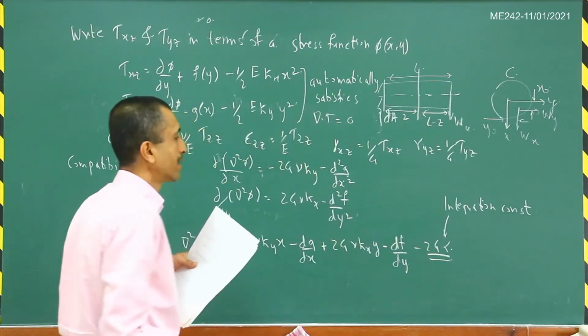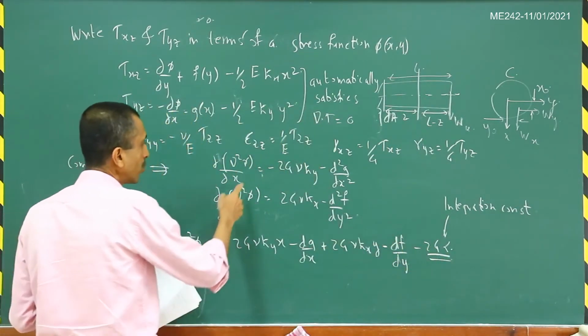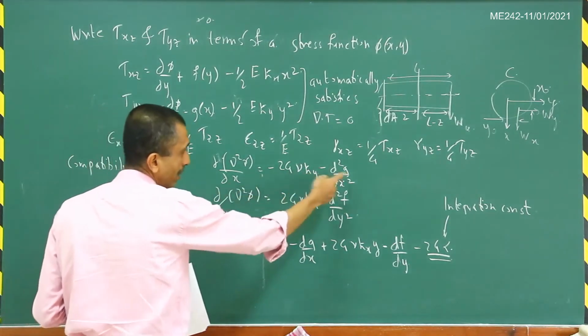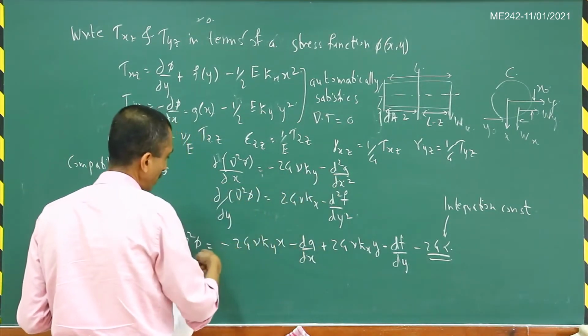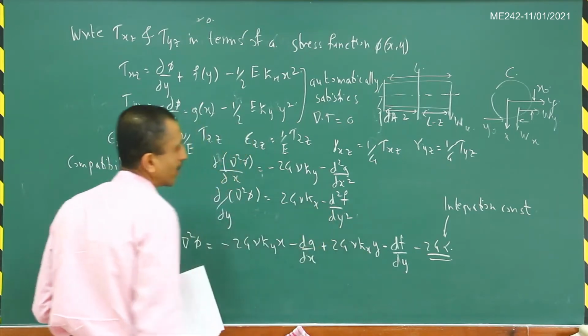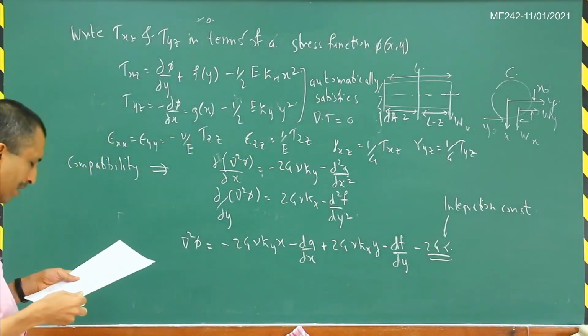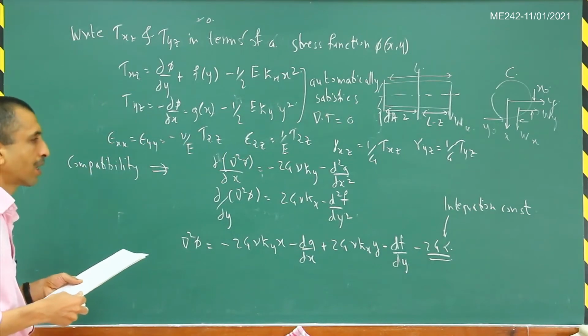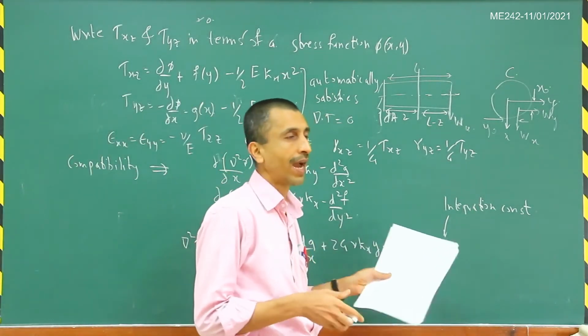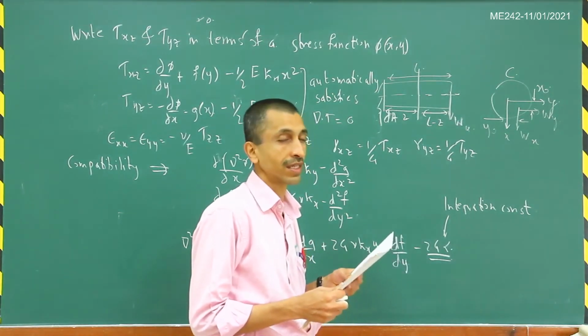You can easily verify that if you differentiate this expression with respect to x, you will get the right hand side, and if you differentiate with respect to y, you will get the right hand side of the other equation. Fine. So how do we determine this alpha? That is something that we will discuss at a later stage.